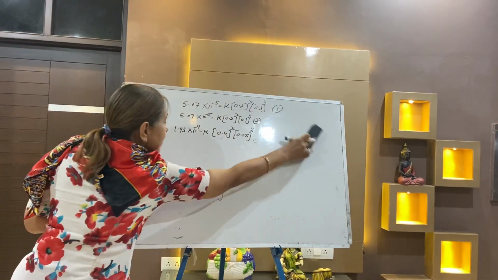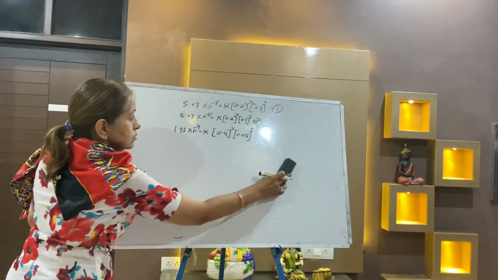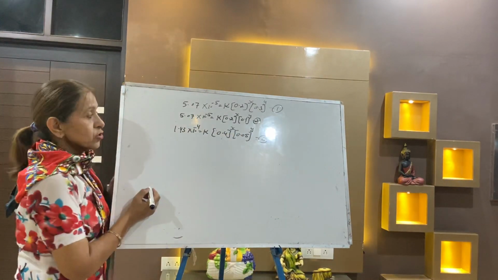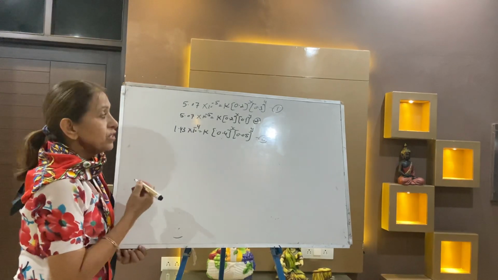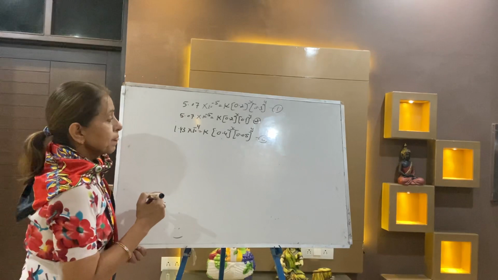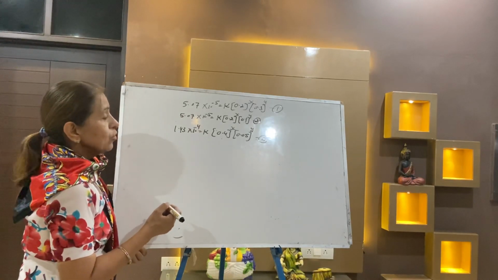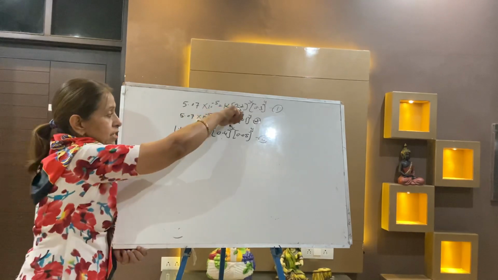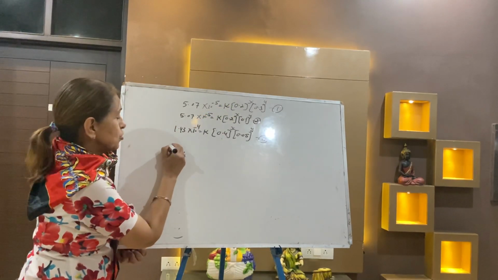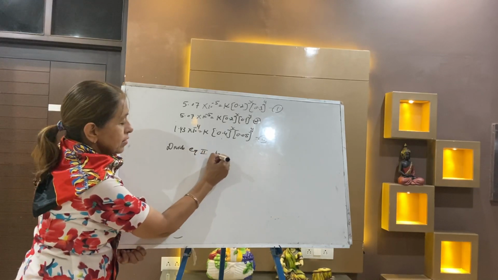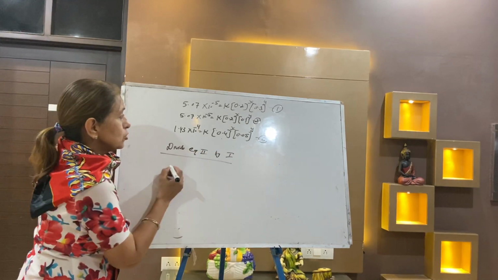Now you have 3 equations. Your first step is to find out in which occasion the value of A is the same. You can check that the value of the first reactant, A, is the same in the first and the second occasion. So divide occasion 2 by 1.